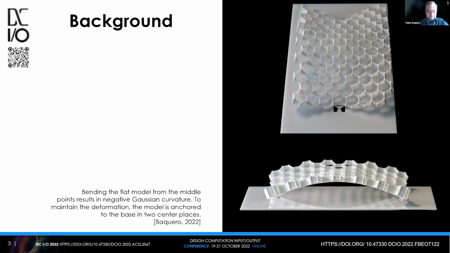It's also much simpler to join the stripes in a flat arrangement and put them together dimensionally. For this, I have constructed this 3D printed flat element that later becomes a negative double curvature surface.